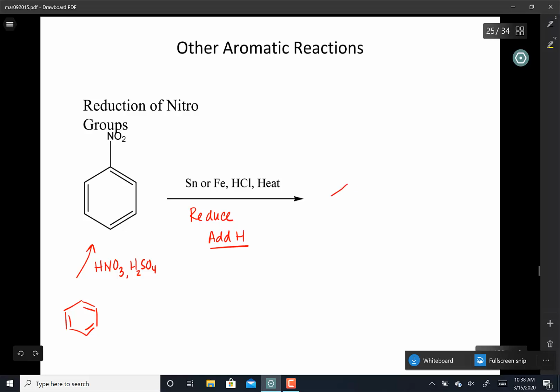Either one of those metals will convert the nitro group to an NH2 group. So how do we add an NH2 group to the ring? We add an NH2 group using a reduction of a nitro group, which means that we needed to have the nitro group added first. Okay, so that's the third reaction that we need to learn in order to add an NH2 group to the ring.